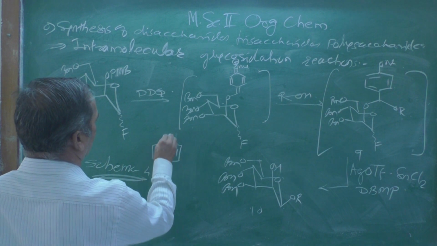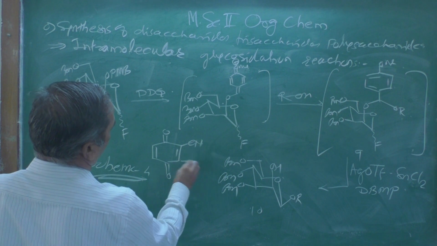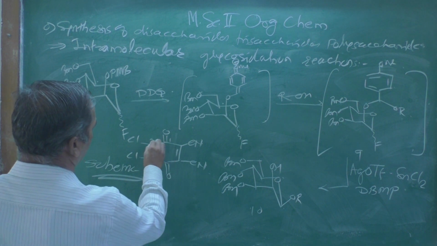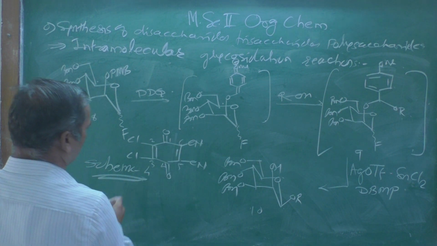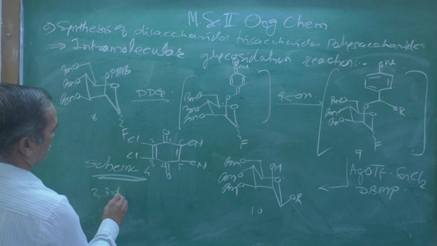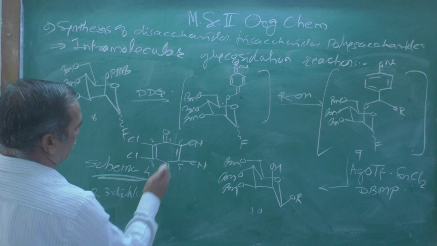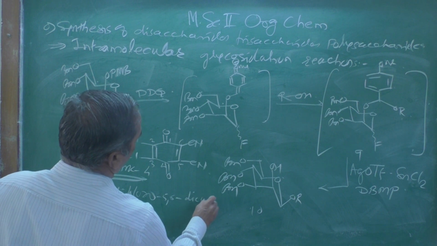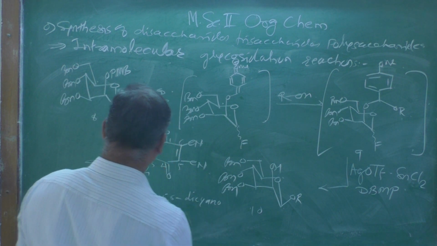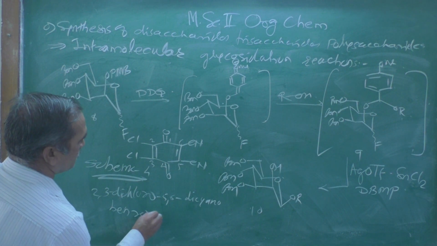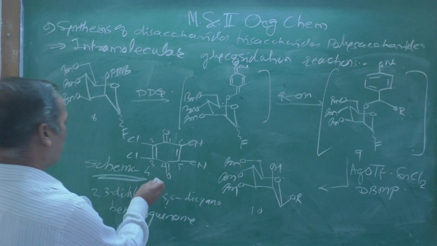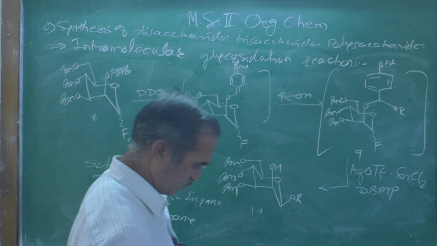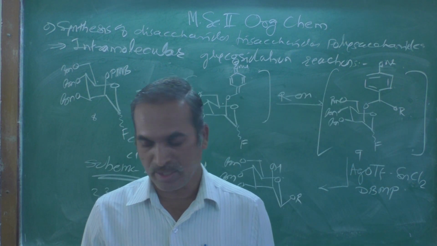This is the structure of DDQ, CN, and here is a chlorine, here also a chlorine, and therefore if you number from this 1, 2, 3, 4, 5 and 6, you can remember 2,3-dichloro-5,6-dicyanobenzoquinone, which is the name of this compound, a very good reagent used to remove this PMB.